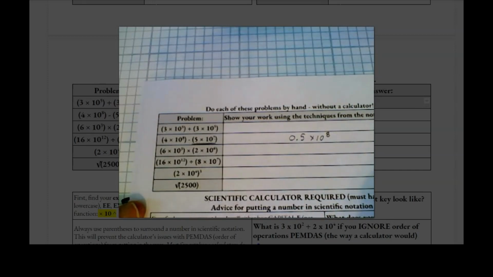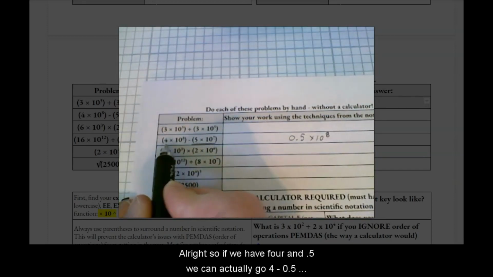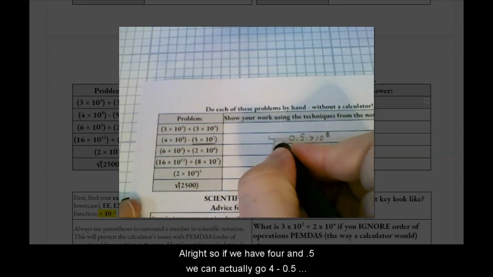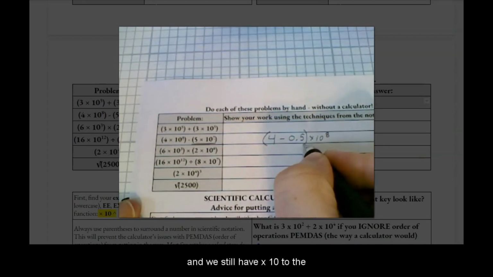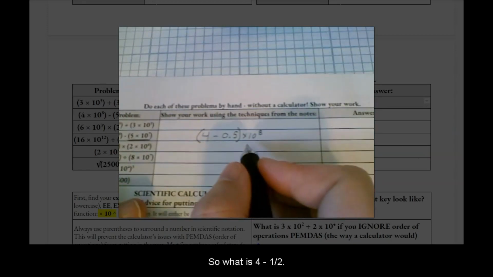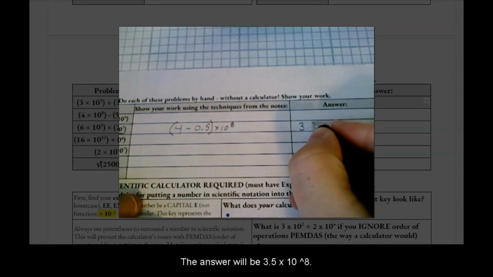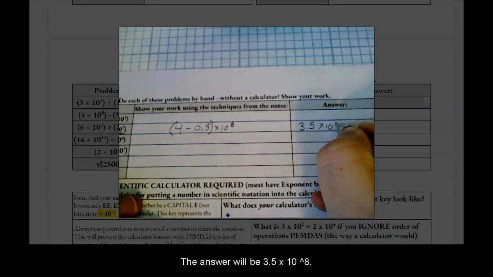That way it's got the same exponent. Alright, so if we have 4 and 0.5, we can actually go 4 minus 0.5, and we still have times 10 to the 8th. So what is 4 minus 1/2? The answer would be 3.5 times 10 to the 8th.